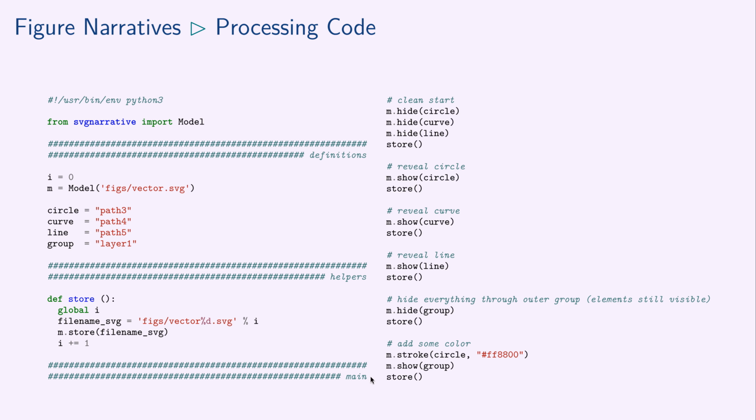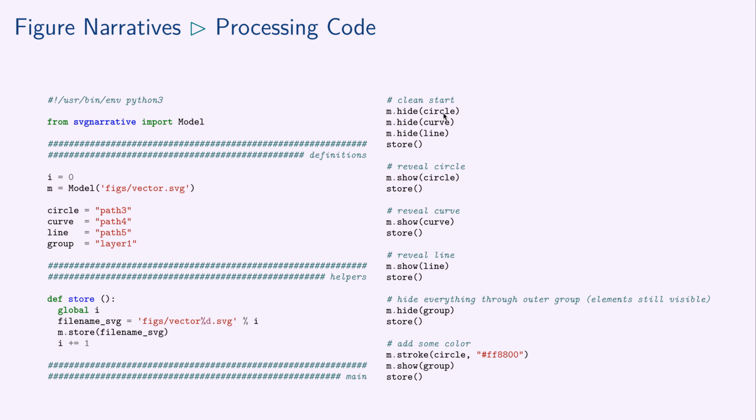Then we get to the main part of this script, and that main part is to the right. It has 1, 2, 3, 4, 5, 6 smaller parts. And what we do is that we perform operations on M, and then we store. Again, operations on M, store. Operations on M, store, again and again.